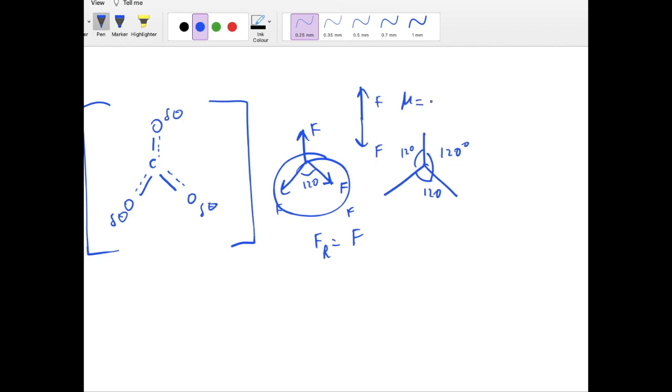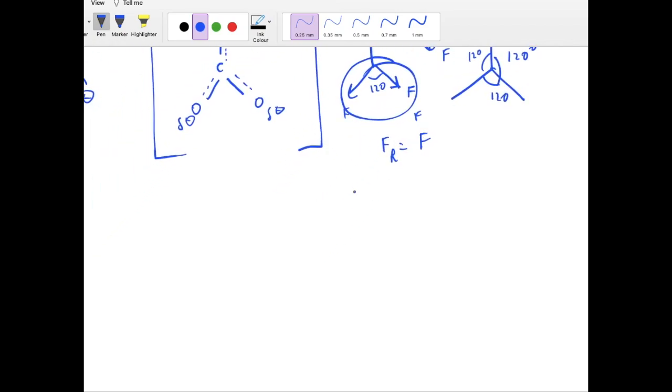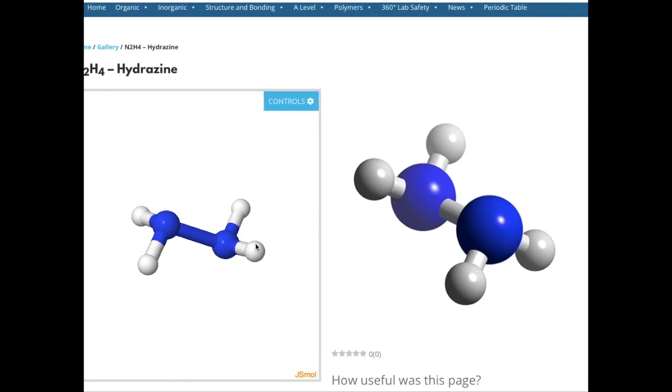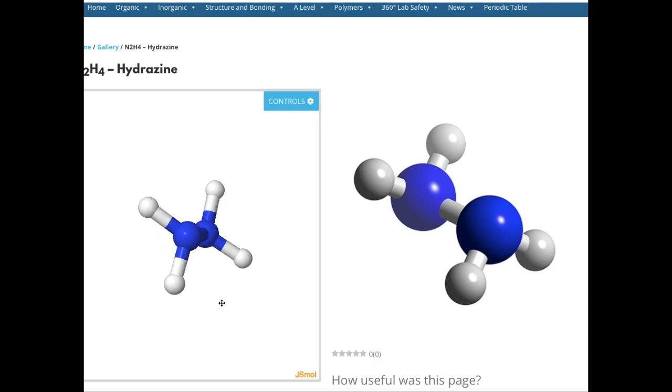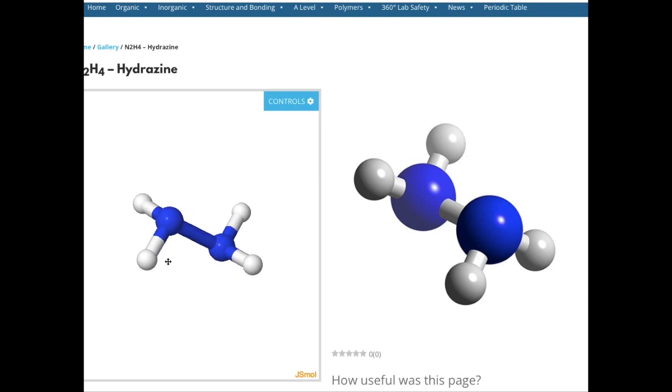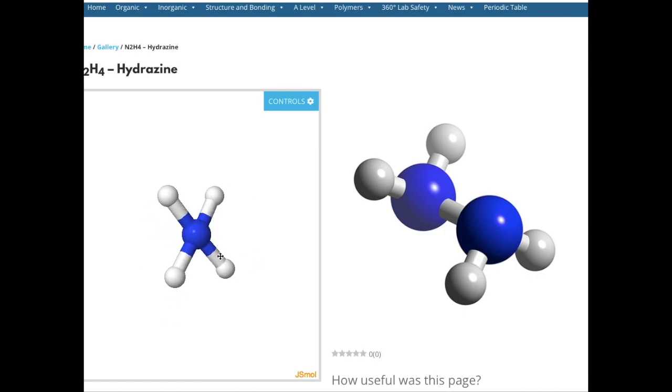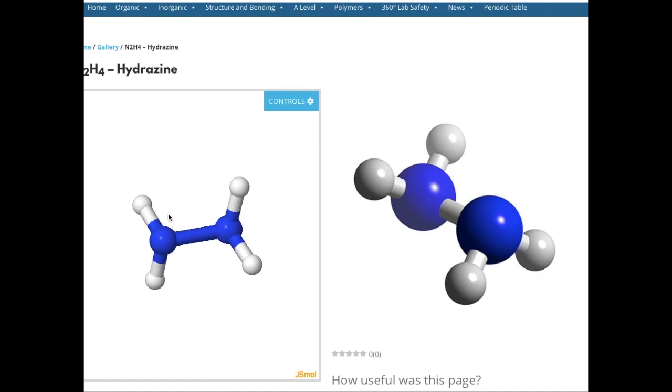And even for N2H4, it's not easy to visualize it in a 2D structure. When you see the 3D structure, you see the two planes are different for both the nitrogens. So it's not like the vector from this side would cancel out the vector from this side.